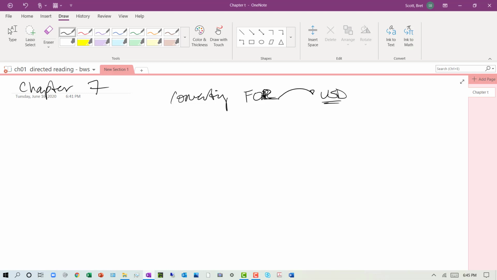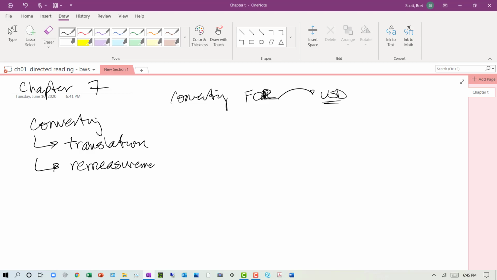We're converting. Now, in this situation, there are two processes by which we convert. Converting can either use the translation method, or it can use the remeasurement method, or both.